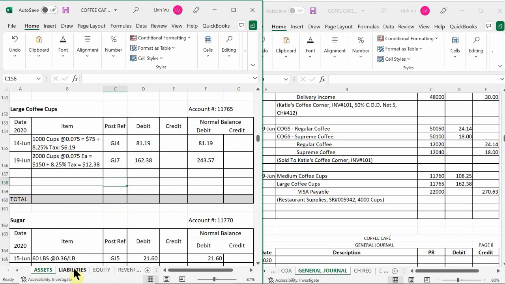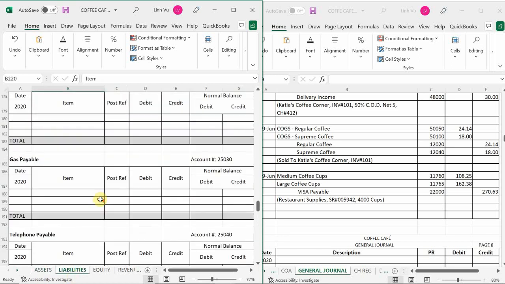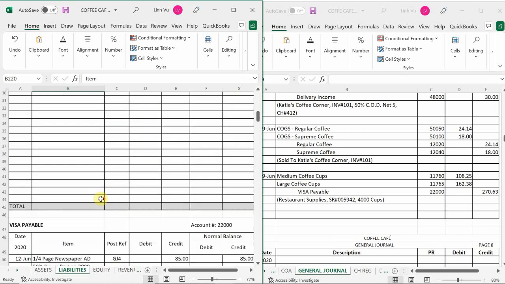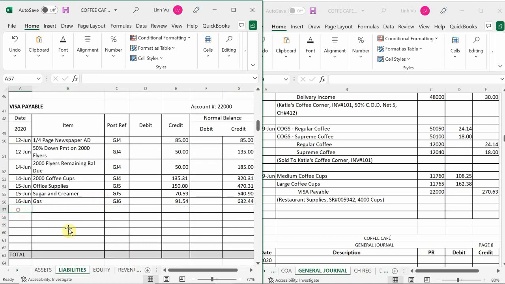And then now I need to go to my credit card and update my liabilities because now I owe more money on my credit card. We purchased 4,000 coffee cups.